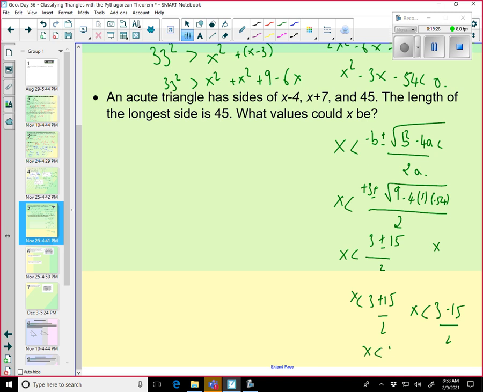X is less than 9. And 3 minus 15 gives us negative 12. Negative 12 divided by 2 is negative 6.